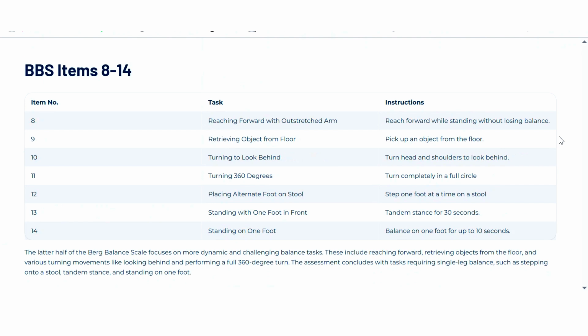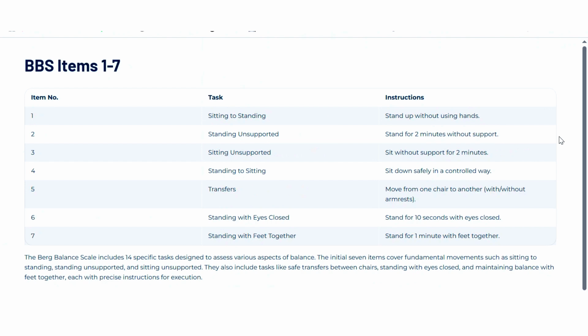The initial 7 tasks majorly cover the fundamental movements: sitting to standing, standing unsupported, sitting unsupported, safe transfers from chairs, standing with eyes closed, and maintaining balance with feet together, each with precise instructions for execution. To start any movement, the patient needs proper instructions. These are the basic, initial or fundamental movements to understand the condition of the patient.